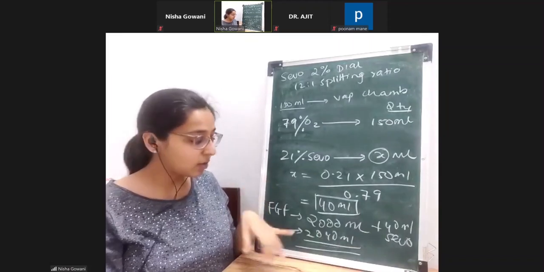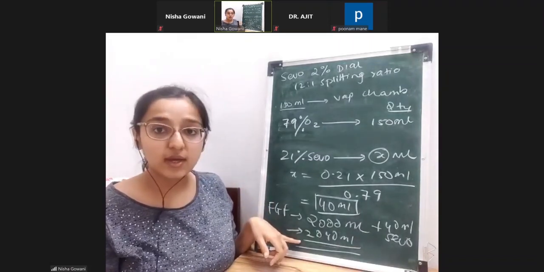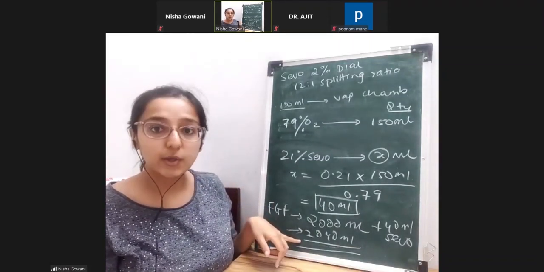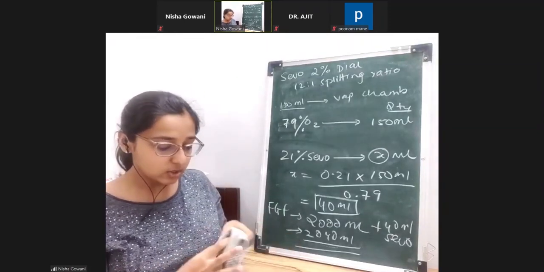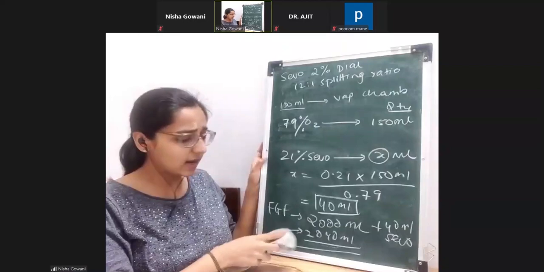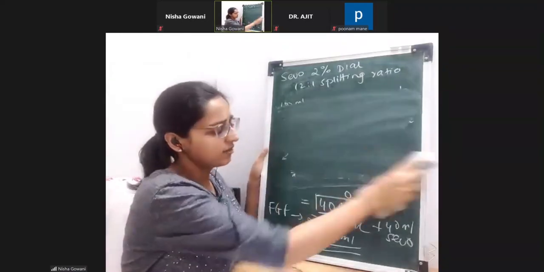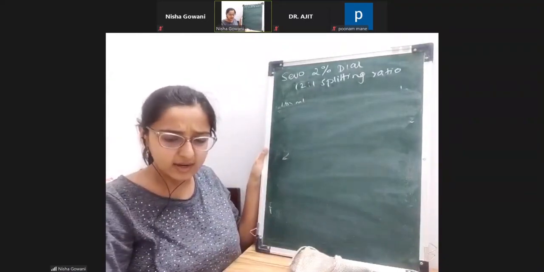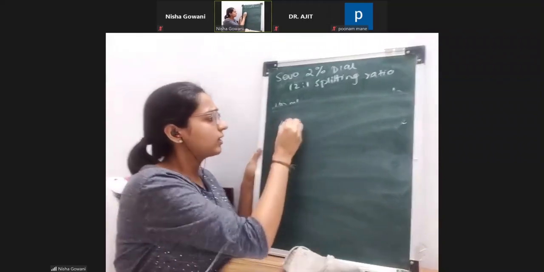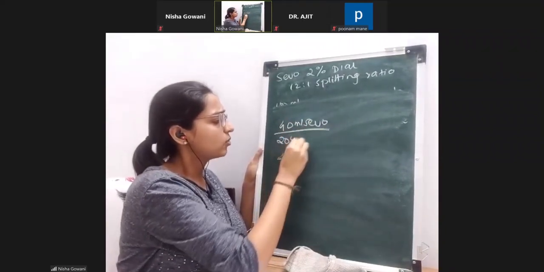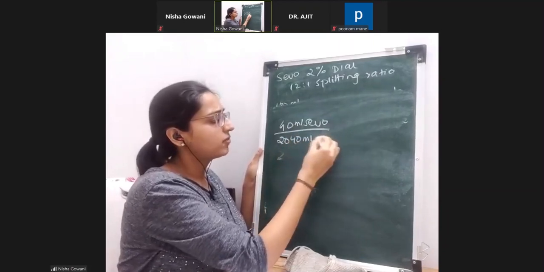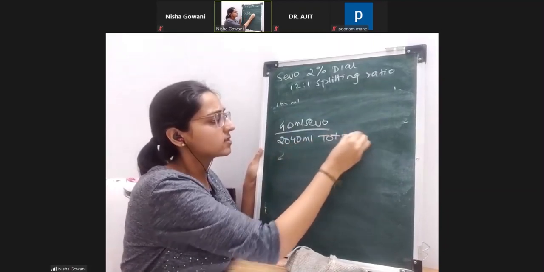Okay. Now you will tell me, if you want to cross check, is it real? Is it true that 2% sevoflurane is actually getting delivered to the patient? So you can do the calculations for this also. Even if you back calculate it, 40 ml of sevoflurane is present in 2040 ml of total gas, right?